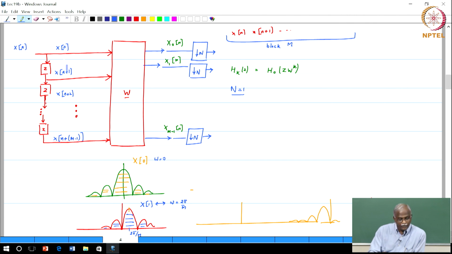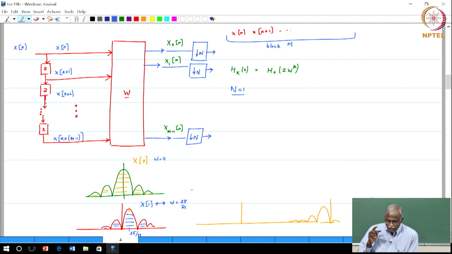So you get x of n plus 1 all the way to x of n plus m minus 1, that becomes your first block. You take the DFT of it; you should actually label this as the DFT coefficients, but it is another sequence, uppercase X, we call it X sub 0, X sub 1, you can think of it as the DFT coefficients. Basically it is a mapping from this input vector to the corresponding output vector.